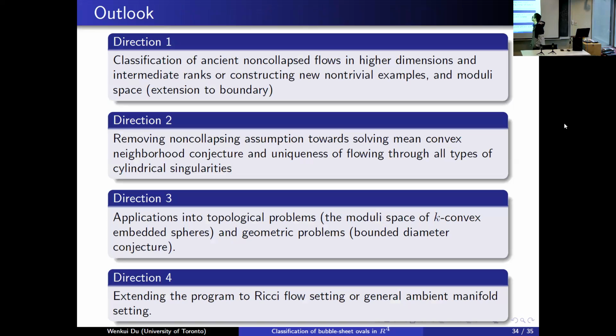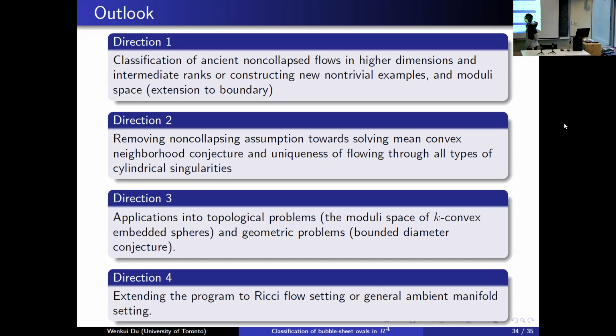So let me point out some possible future problems. The first question is the classification in the higher dimensional case. An even more tricky thing is the intermediate rank case, and if the dimension is very high, I think there will be some examples which are different.